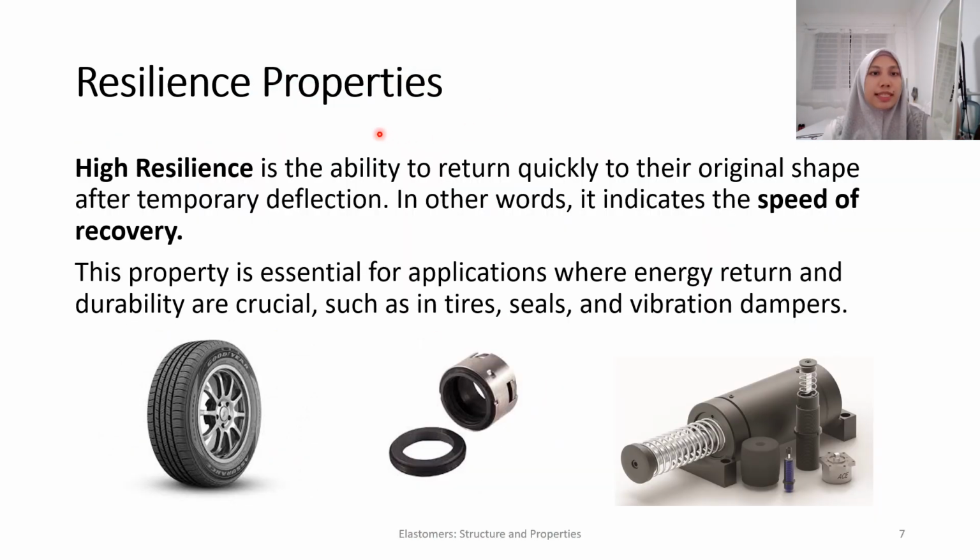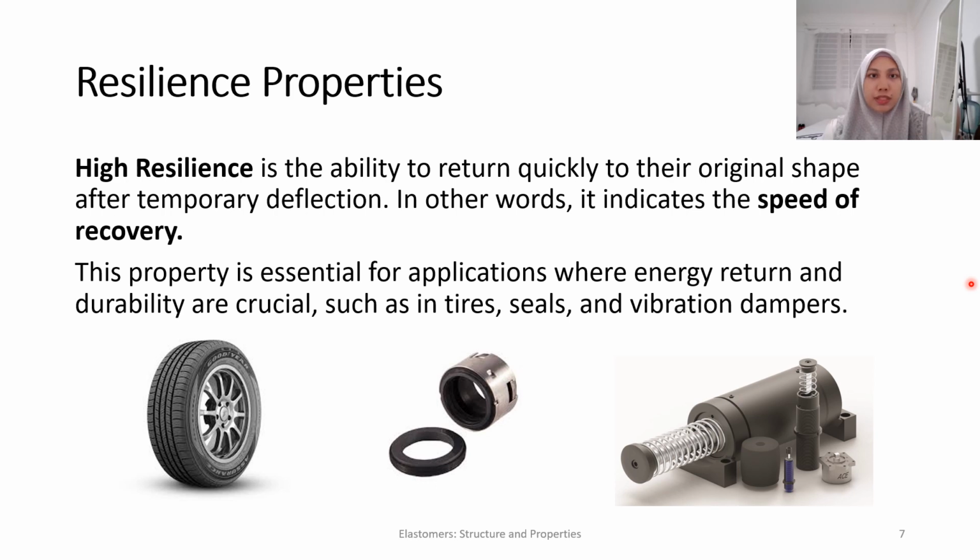Other properties is high resilience. High resilience is the ability to return quickly to their original shape after temporary deflection. In other words, it indicates the speed of recovery. This property is essential for applications where energy return and durability are crucial, such as tires, seals, and vibration dampers.